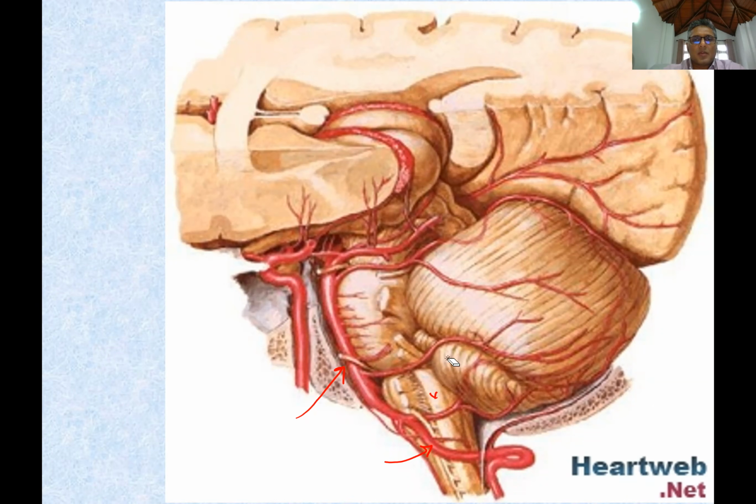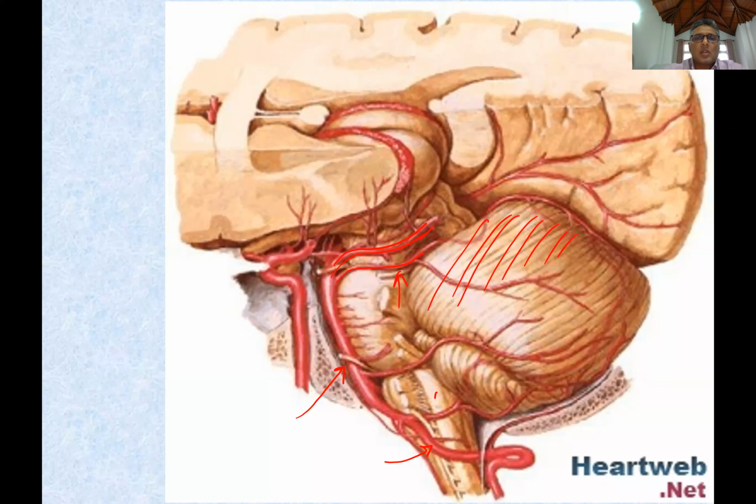So get yourself oriented now. Now the basilar artery gives the superior cerebellar artery. You can see the superior cerebellar artery here, supplying the superior surface of the cerebellum, and this is the posterior cerebral artery, which is the final branch of the basilar artery.